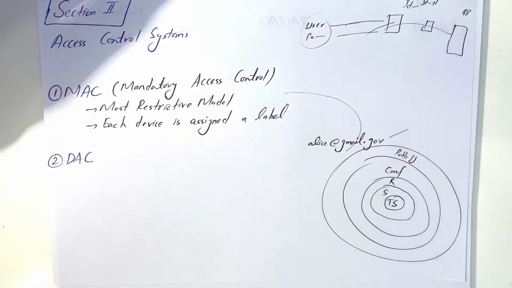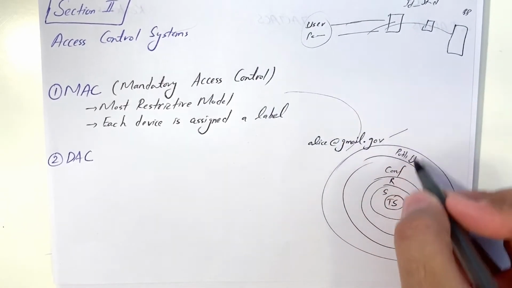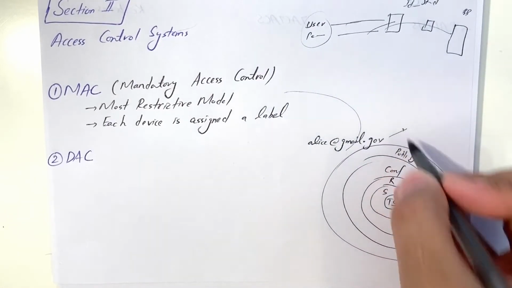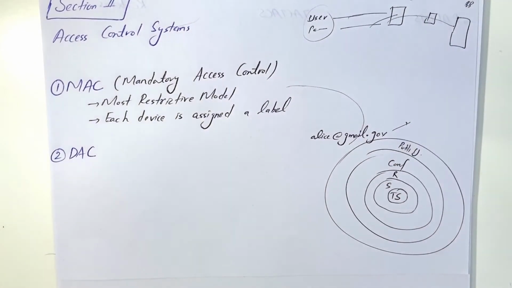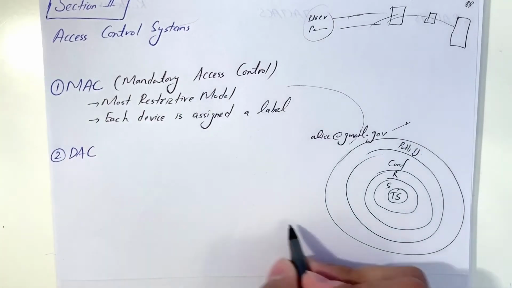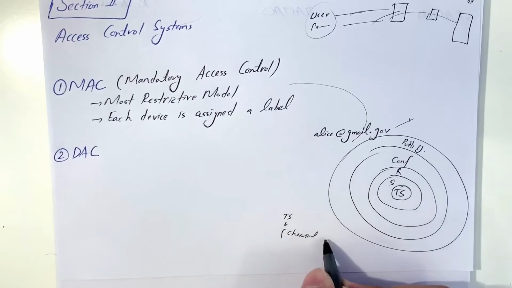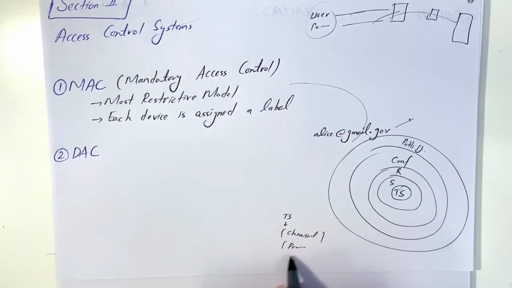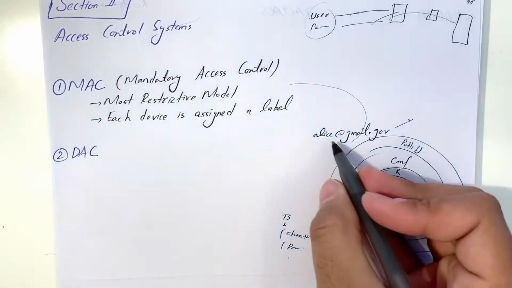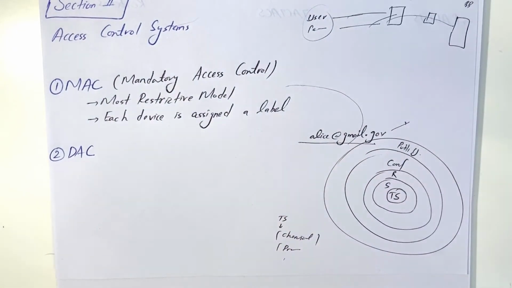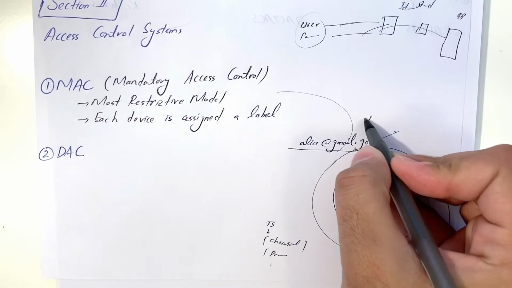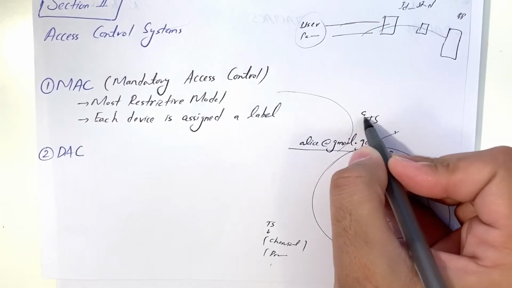Now, if Alice has permission, because in top secret there might be different kinds of assets. Top secret might include information regarding chemical weapons, for example, regarding drones, regarding some other stuff. So let's say Alice can access top secret information, but within top secret, what kind of badge does she have?